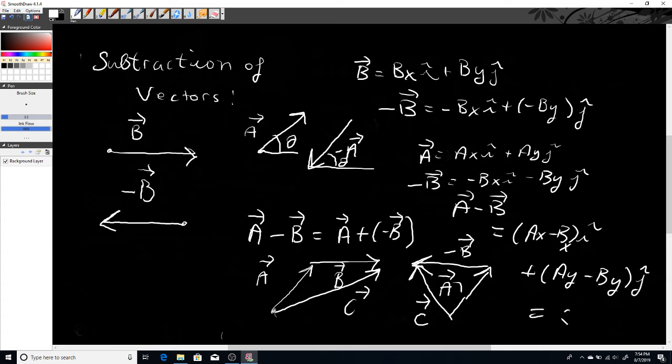This would be the vector c, right? So that's basically the only real difference.